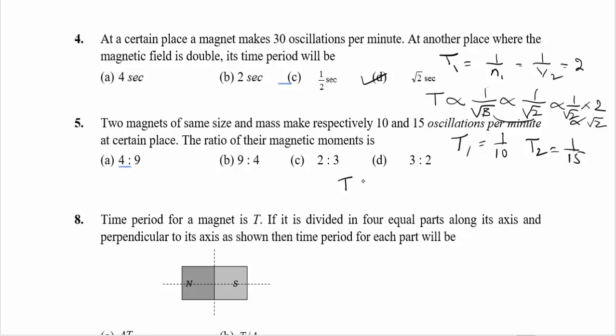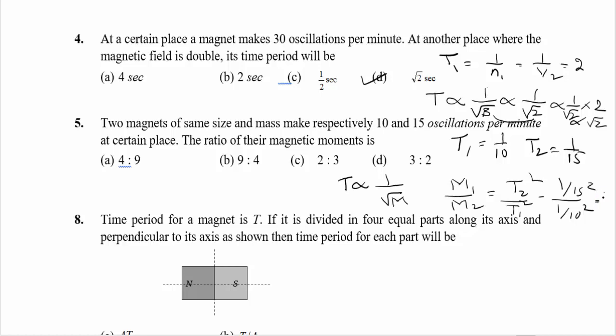T is inversely proportional to root M. Then M1 by M2 is, since it is a root, you have to square, T2 square by T1 square inversely. T2 square is 1 by 15 square, and T1 square is 1 by 10 square.